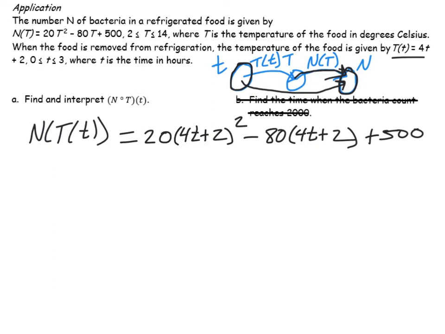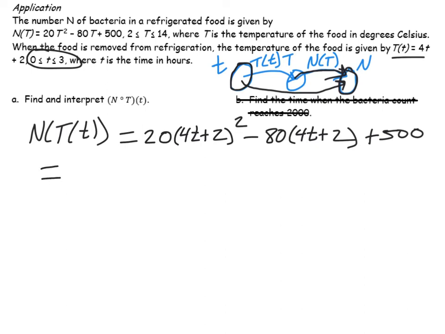That one is getting plugged in. We're going to compose them. I can put in an amount of time, but I still have to stick with the domain, because the domain for little t was just 0 to 3. That doesn't change. This function will only be good for food sitting out for 3 hours. It's not that the bacterial growth would necessarily stop. It would just take on a different function for how the bacteria is going to change over time.